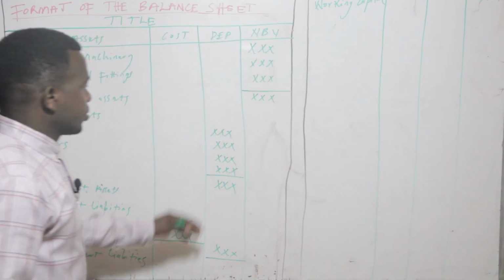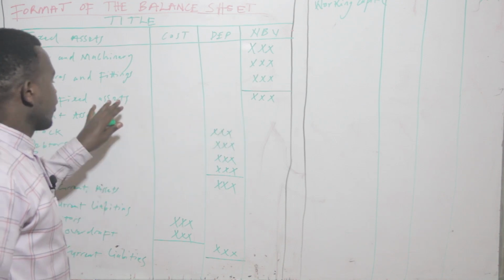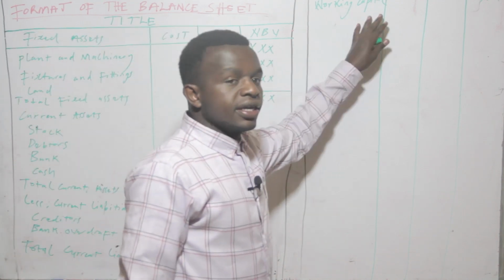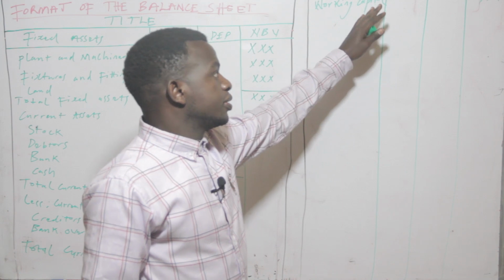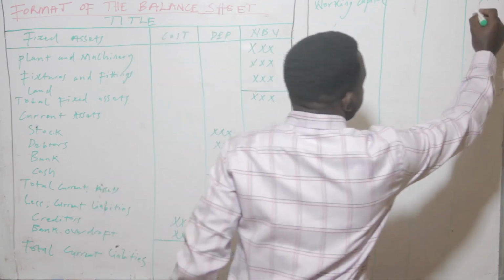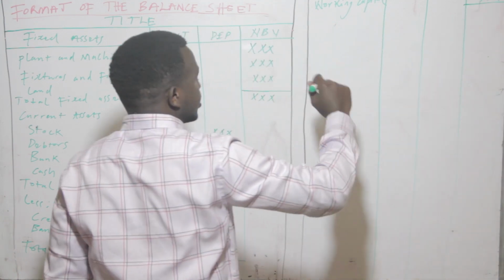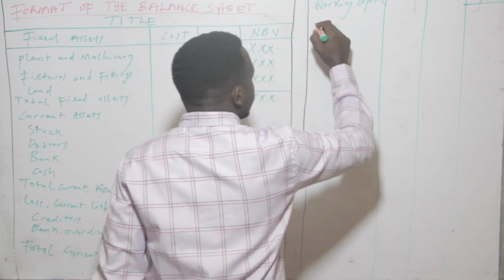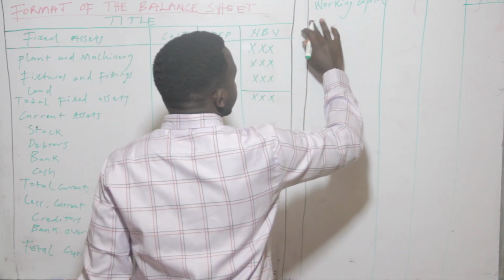And that means that we can add our total fixed assets plus working capital to get capital employed. So we are going to add total fixed assets plus working capital, and we're going to have capital employed.